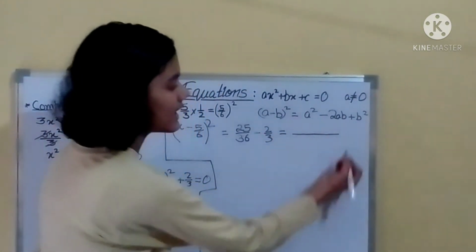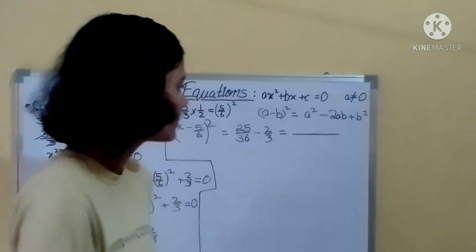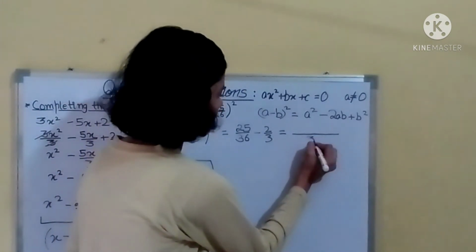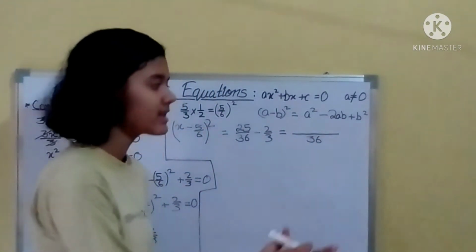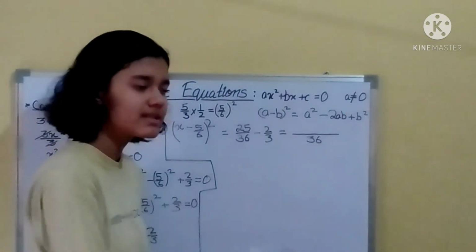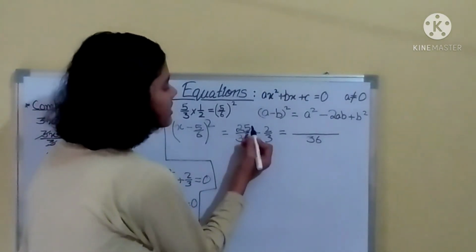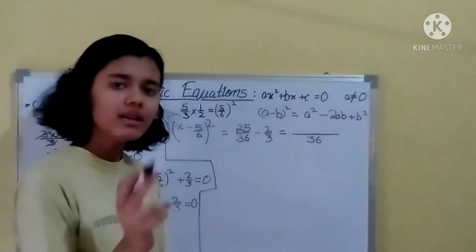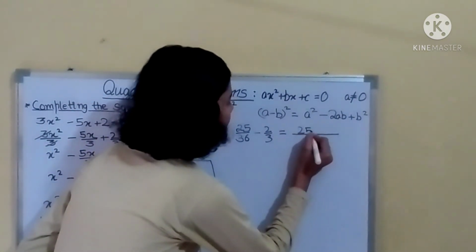Now when we take the LCM of 36 and 3, what will we get? 36. Then what will we multiply with 36 to get the LCM, means 36 comes? 36 into 1 is equal to 36. So in the numerator we will multiply by 1, so 25 into 1 we get 25.